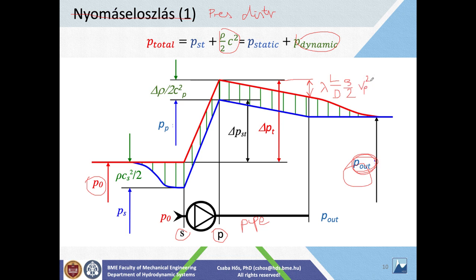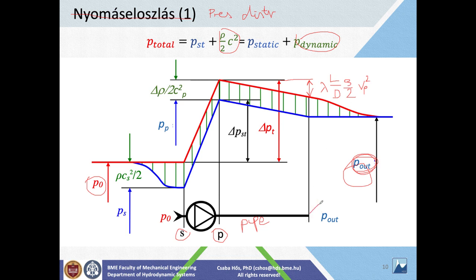Okay, obviously if you have more elements, like bends and elbows and valves, etc., then the pressure loss must be computed differently, but this is the very same pressure loss that we have learned a couple of weeks ago.